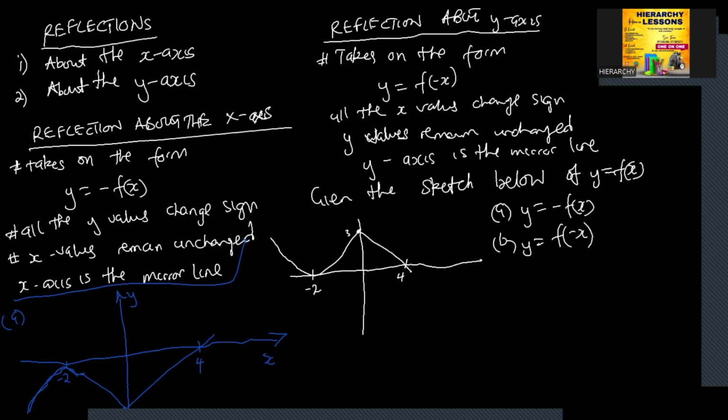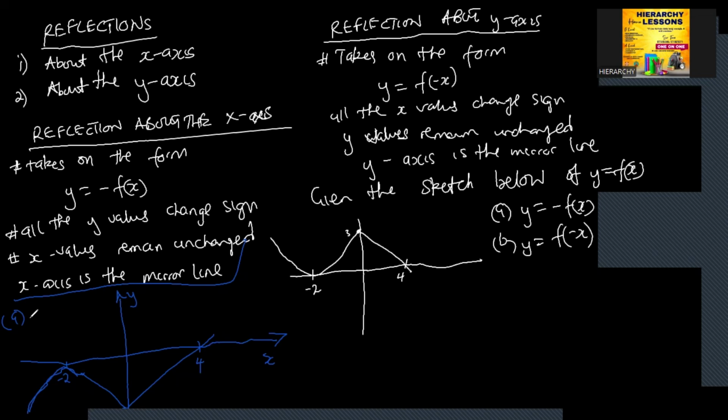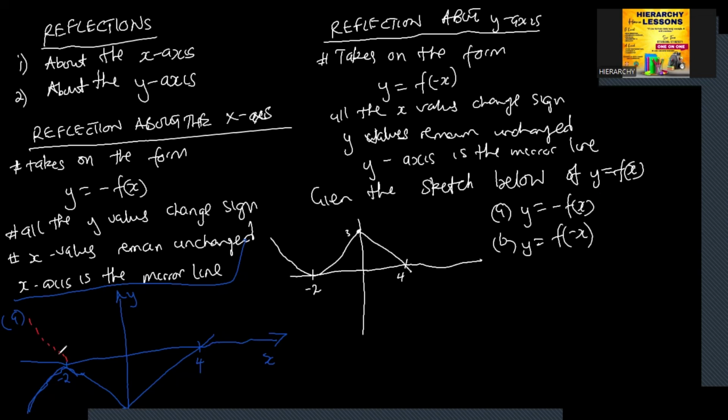Let me show the original graph in red. The original graph was something like this. I want you to appreciate the reflection, with the x-axis acting as the mirror line. That's how reflection about the x-axis works. There was positive 3 here, and it has become negative 3. So simple and straightforward.